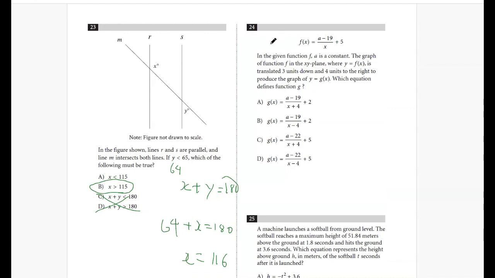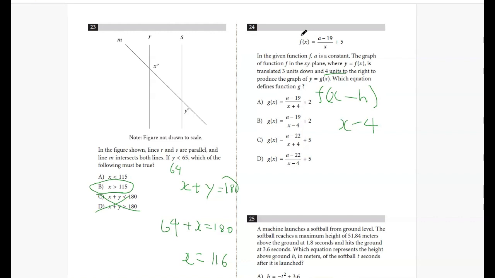In the given function f, a is a constant. The graph of function f in the xy-plane, where y is f of x, is translated 3 units down and 4 units to the right to produce the graph of y equals g of x. Which equation defines function g? When I'm moving to the right, it should be in the form f of x minus h. It's translated 4 units to the right, so we need to have something like this.